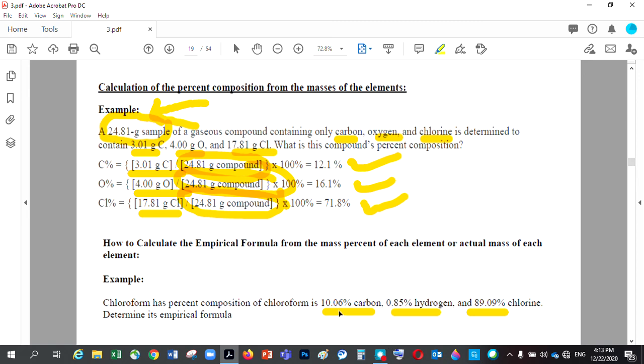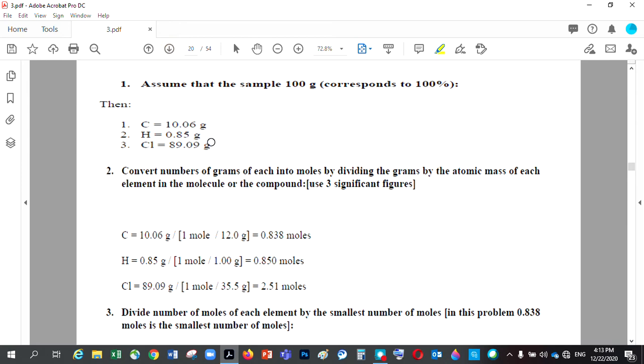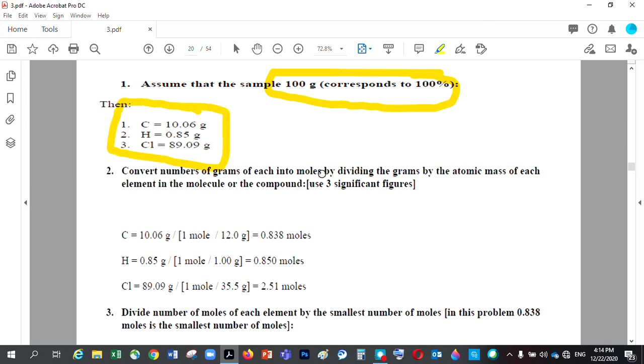So I have 10.06 grams carbon, 0.85 grams hydrogen, and 89.09 grams chlorine, correct? Exactly, that's what happened. So I assume that the sample is 100 grams, corresponding to 100%, and the percentages given are converted into grams.